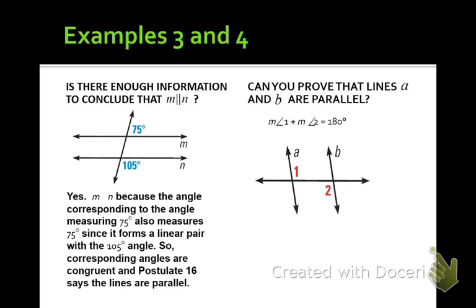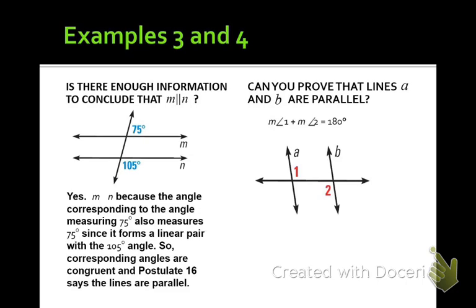What about in the second one? Are those two lines going to be parallel? Can you prove that lines A and B are parallel if the measure of angle 1 plus the measure of angle 2 equals 180 degrees? Just knowing that, is that enough?